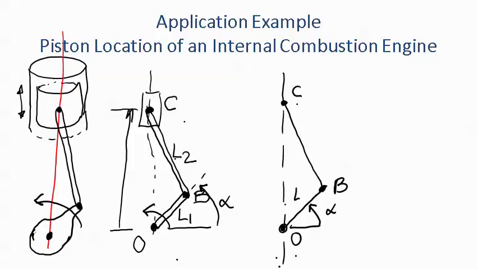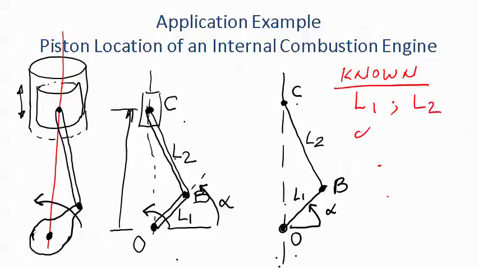And we need to perform this analysis using trigonometric principles. How are we going to approach this? First, we are going to write down what we know. The information that we know are the lengths of these linkages, L1 and L2, and the angle of rotation alpha. And what we would like to find out is the distance OC.